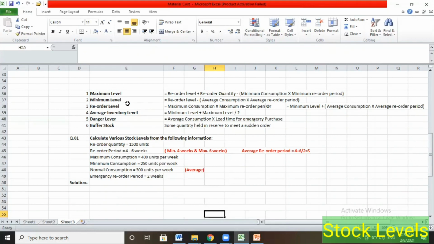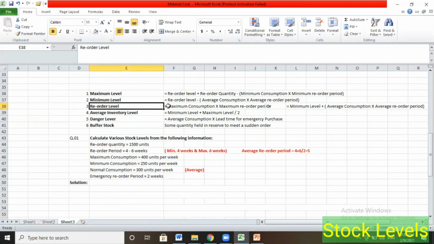The second formula is for the minimum level: reorder level minus average consumption into average reorder period. Third is the reorder level. How do we calculate it? Because reorder level was there in 2 formulas, we generally calculate it first.